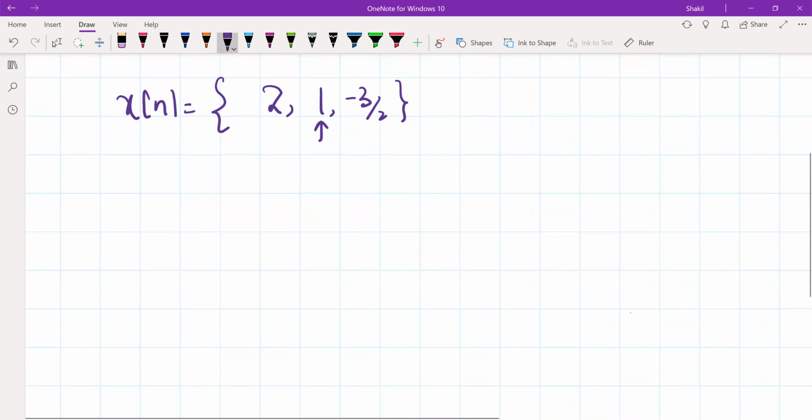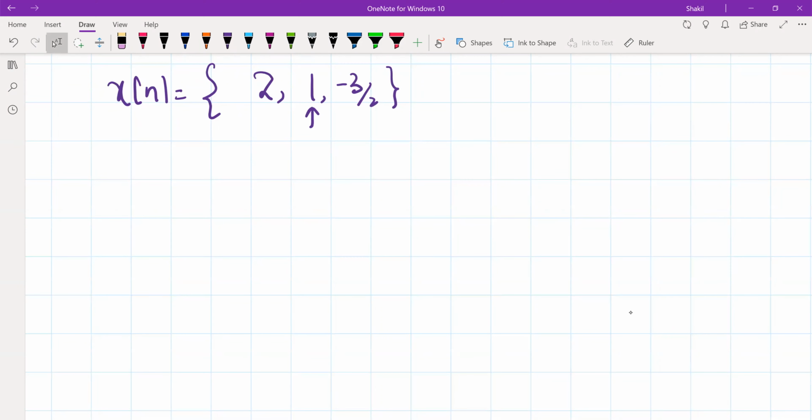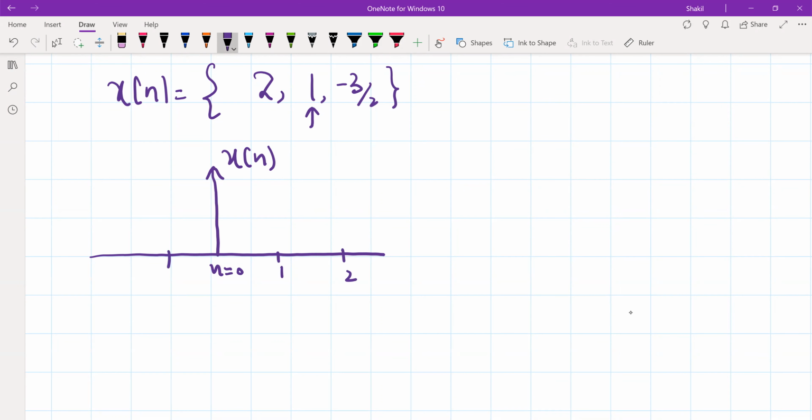So graphically, your sequence looks like this. If this is our x of n, and this is n equal to 0 point, this is 1, this is 2. Similarly, this is minus 1, this is minus 2. Now you can see the value at n equal to 0 is 1.